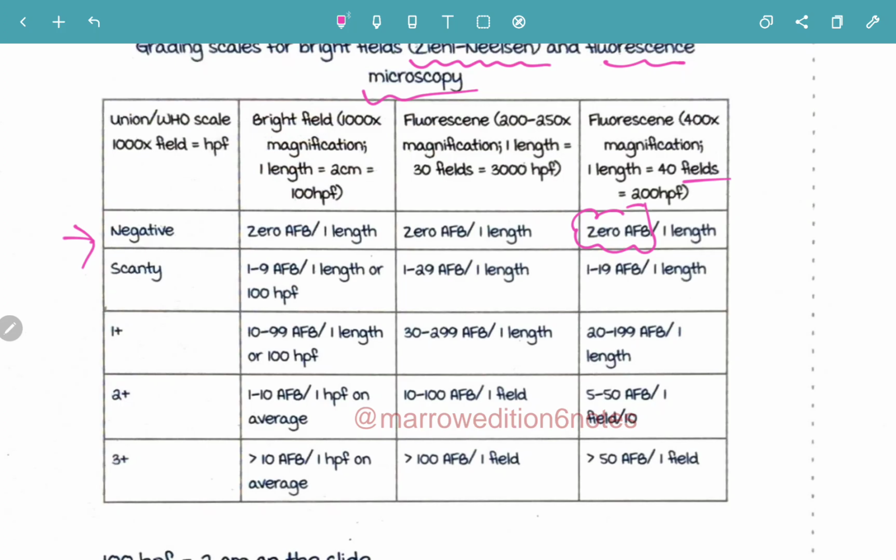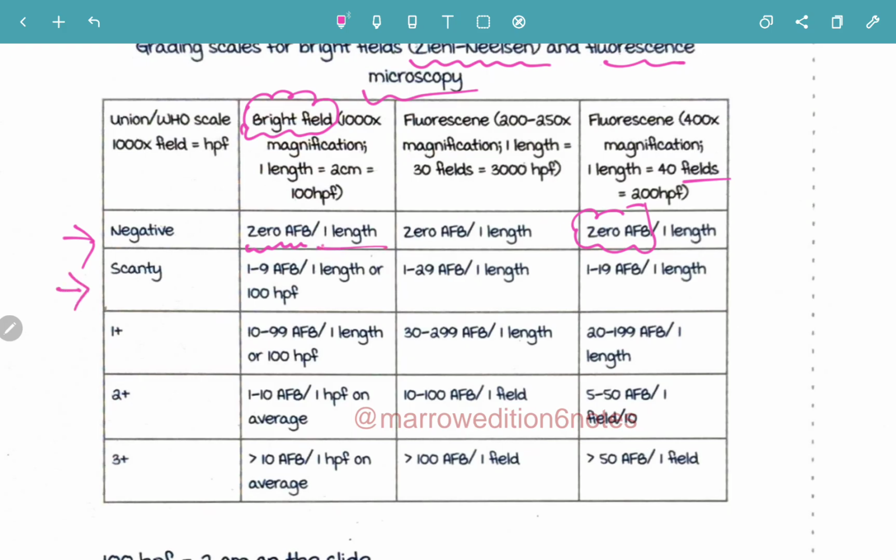The most frequently asked is the bright field magnification. In bright field magnification, again negative is 0 acid fast bacilli per one length.